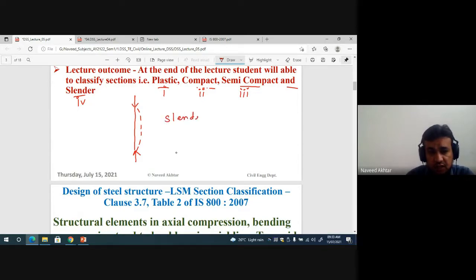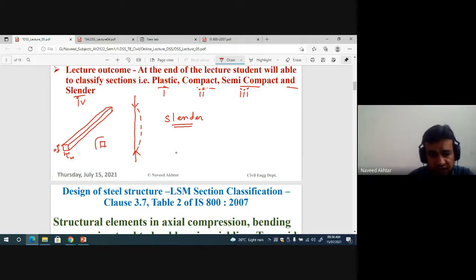Because mostly in the steel structure the members are slender members. सिलेंडर मेंबर किसको बोलते हैं कि जिसका जो क्रॉस सेक्शन डायमेंशन हो वो लेंथ से बहुत कम है ना. क्रॉस सेक्शन डायमेंशन किसको बोलेंगे? For example, I will draw this, a beam. So this is the length, and this height and width or breadth is called the cross section dimension.